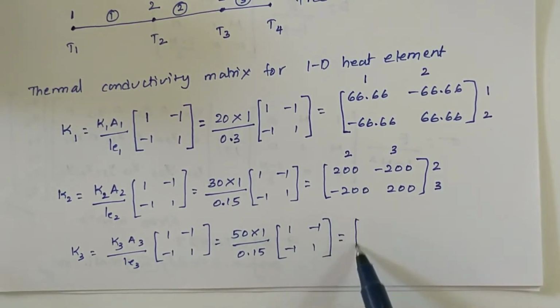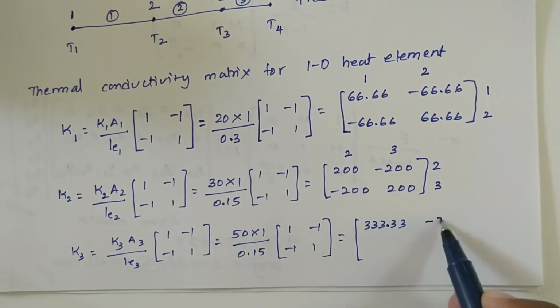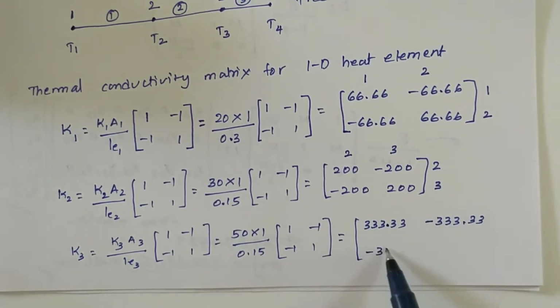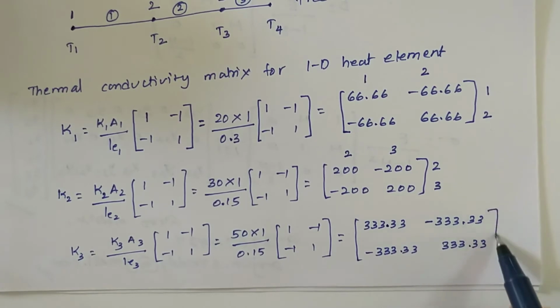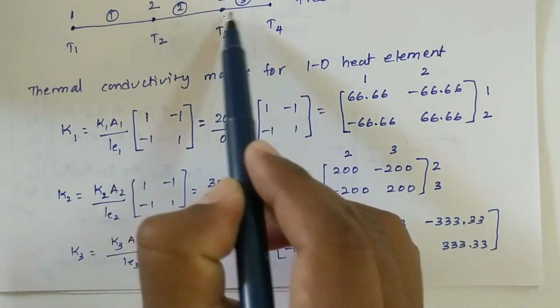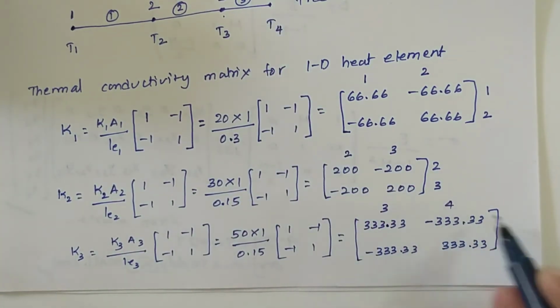After simplification, this matrix is 333.33, minus 333.33, minus 333.33, 333.33. Since element 3 is made up of node 3 and 4, we can write 3, 4, 3, 4.